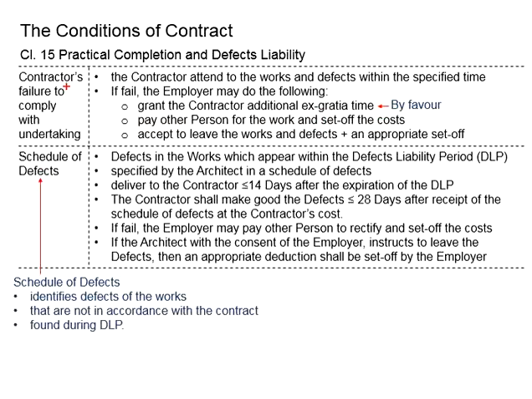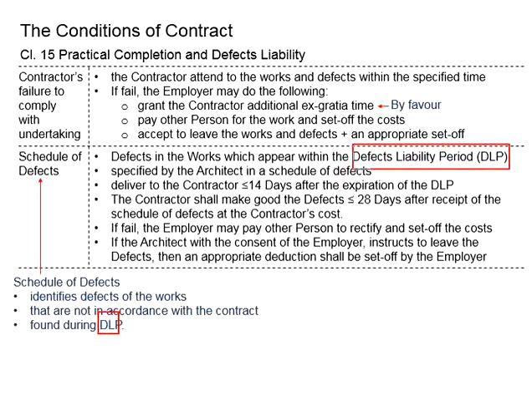Next, we talk about the schedules of defects. First, what is the schedule of defects? It is a list of the defects, as identified by the architect or the employer, which are not in accordance with the contract, that are found during the defect liability period.